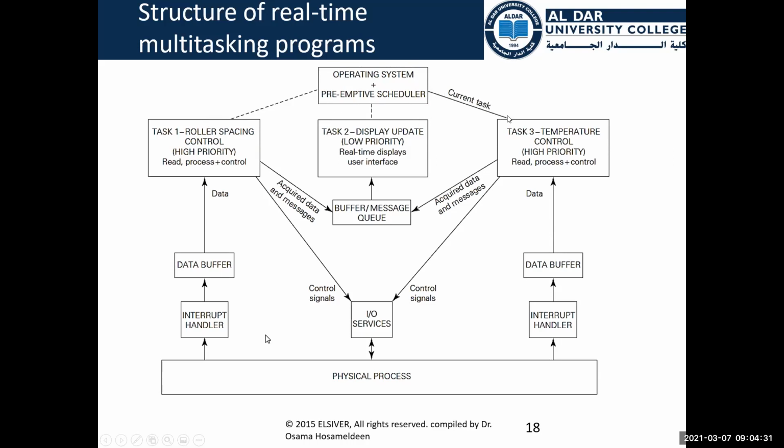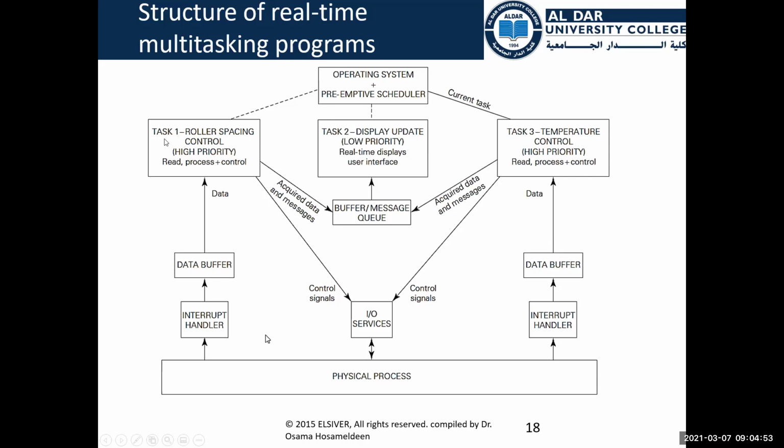And this is the current task. It is only one processor, not multiple processors. One processor dealing with multitasking. So it switches between tasks: it takes the first one, task one, and then moves to task two, and then moves to task three.